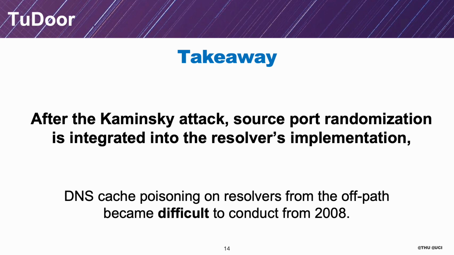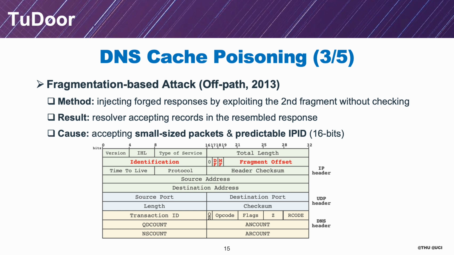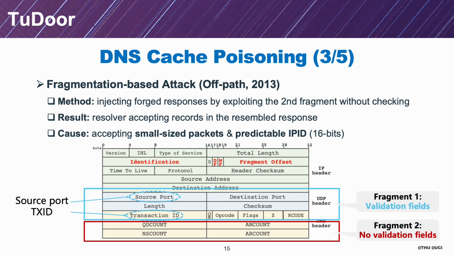So the third attack is the fragmentation-based attack. The attacker uses the vulnerability and tries to inject forged responses by exploiting the second fragment without checking, because there are no verification fields in fragment 2, but the attacker needs to get the TXID and the IP ID.